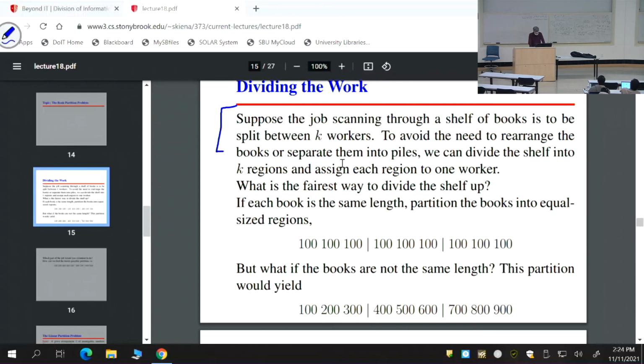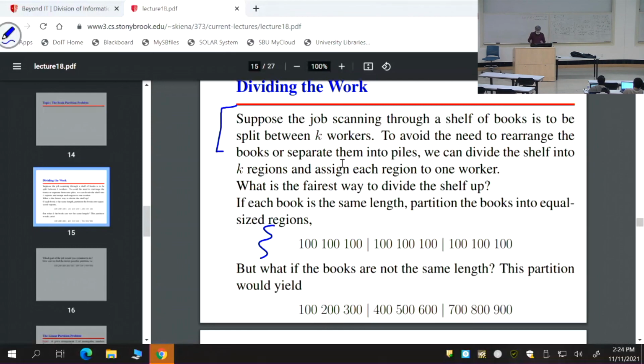Suppose I want to divide the work of scanning through all the books among a certain number of workers, where I can't rearrange the books. So I'd like to divide the library into sectors and say, Joe, you do these books, Bill, you do those, Mary, you do those.